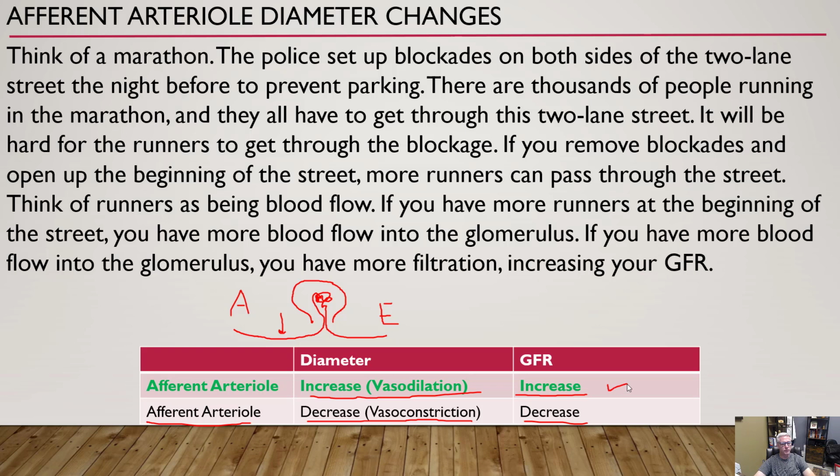A low blood pressure would result in a decreased glomerular filtration rate. And so you're going to need to know this table. And remember, this is just the afferent arteriole vasodilation, vasoconstriction. Basically, how much blood is in the glomerulus.